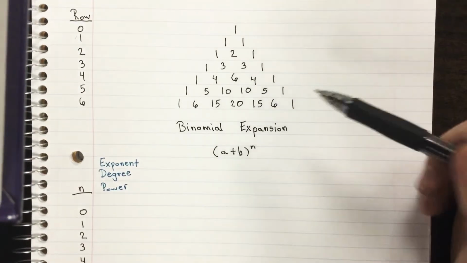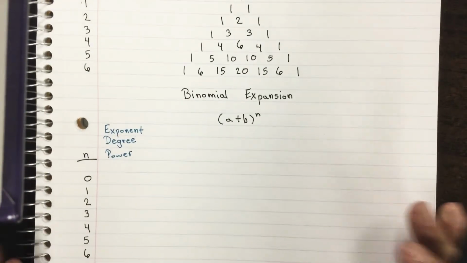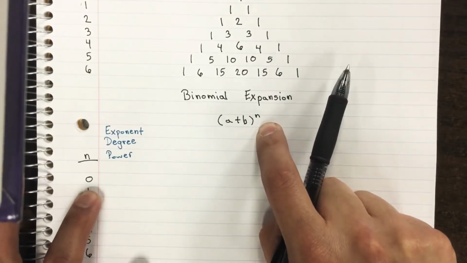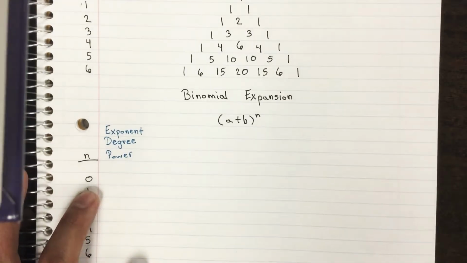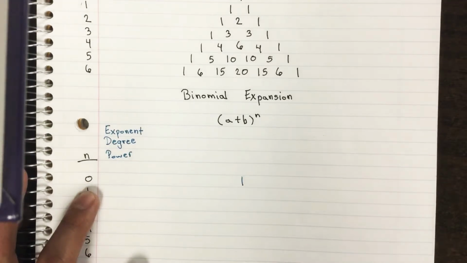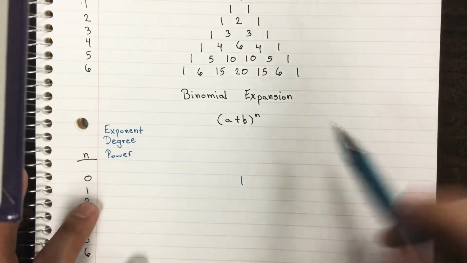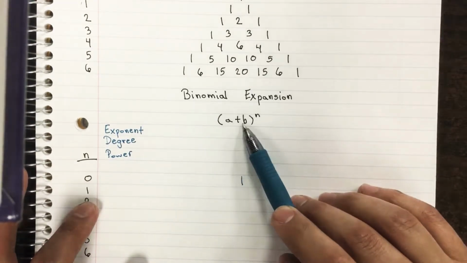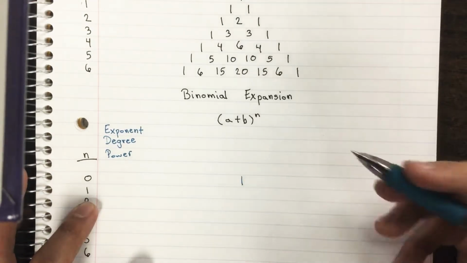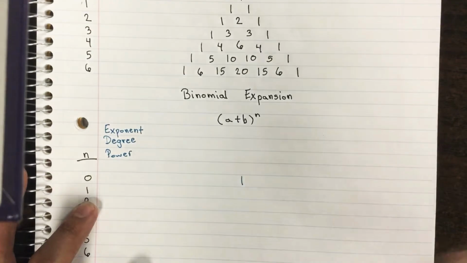Okay? So if this was a plus b to the 0 power, well, anything to the 0 power is 1. So I just have 1 again. Okay? And then the next one is a plus b to the 1 power, where a plus b to the 1 power is just a plus b.